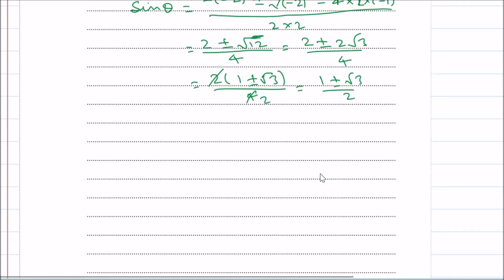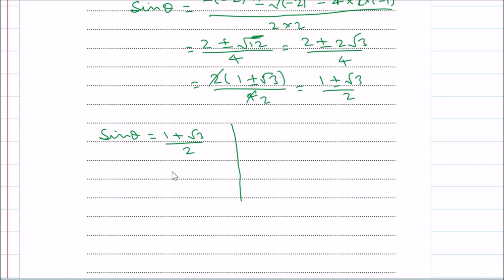So we can write both the values. We got one positive, one negative. So we write both separately equal to sine theta. Let's write and solve. First I am taking the positive side, sine theta equal to 1 plus root 3 by 2.